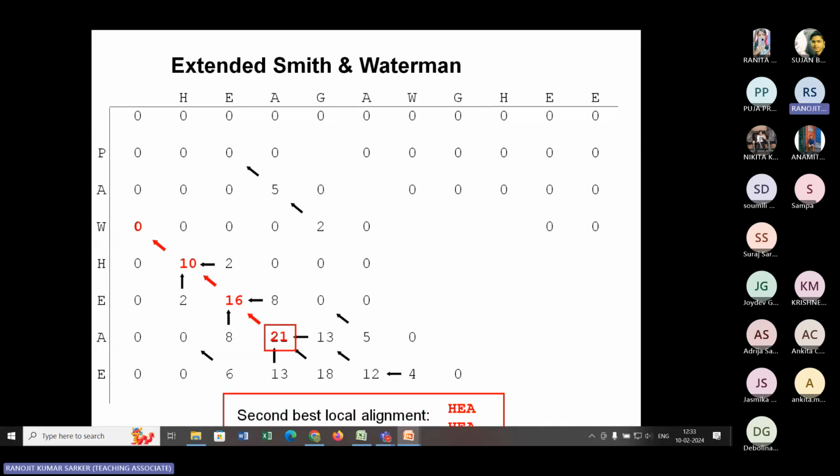So in this way, if you have unknown sequences for which you don't know the function, you can compare or align them with functionally known sequences, and you can determine the function by applying either NW or SW as per the taxonomical distance of the sequences. Any questions?